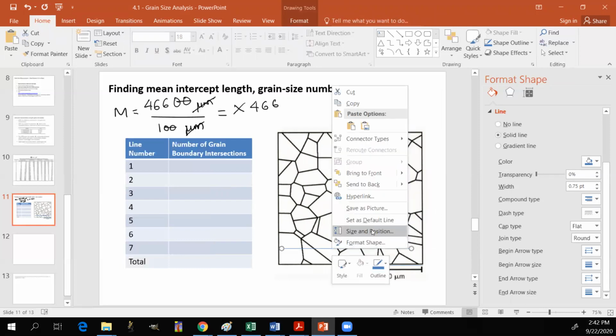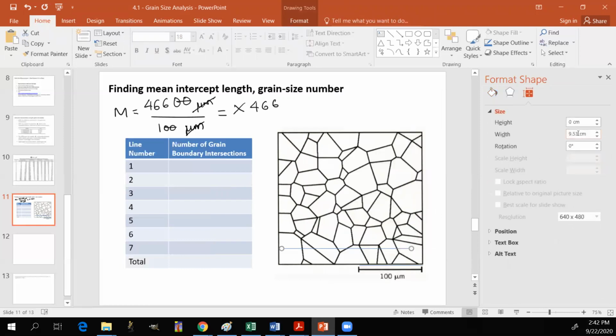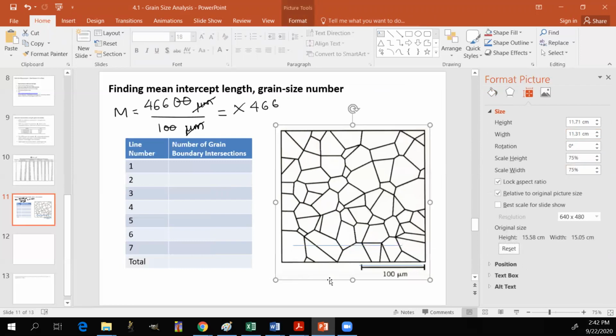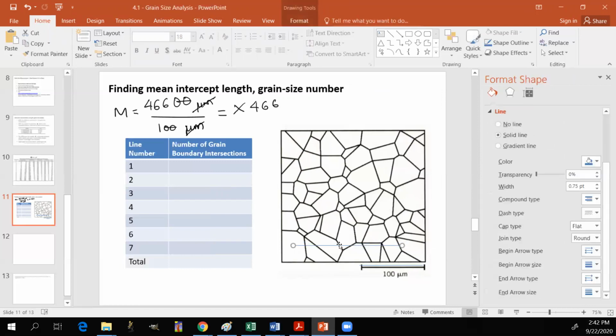If we go to the size, this one is 9.53. Let's just make this 8 centimeters, which just makes things easy. You can also do this by hand: print it out and draw these lines out by hand. That's totally okay. So I'm going to go ahead and make 7 copies of this.